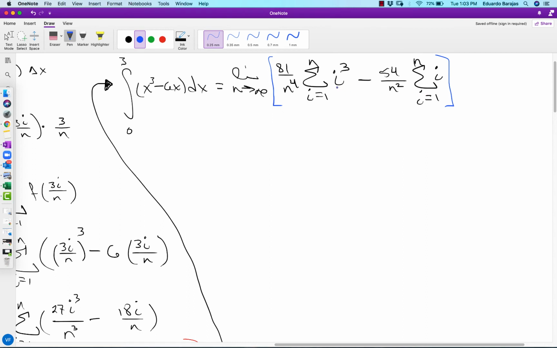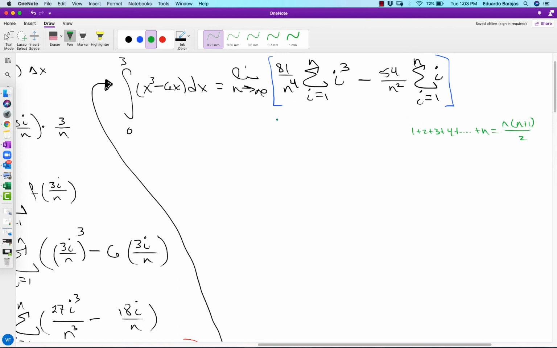So we just looked at some nice formulas for the sum of the first n values, 1 plus 2 plus 3 plus 4, all the way out to n. So put it in a different color here. We found out that 1 plus 2 plus 3 plus 4, the sum of the first n numbers, is this formula, n times n plus 1 over 2. So we can just replace that with this formula.